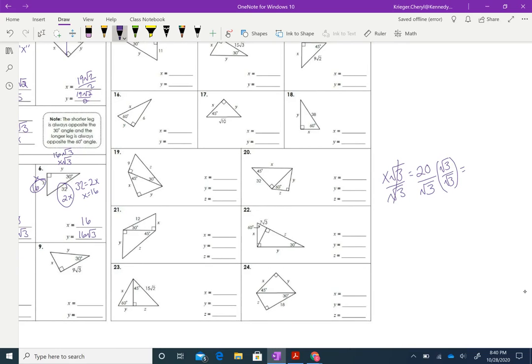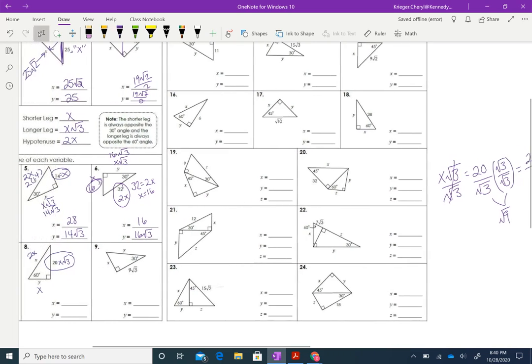So x is equal to 20 square root of 3 over, well, square root of 3 times the square root of 3 is the square root of 9, which is 3. Okay, so that is what x is.